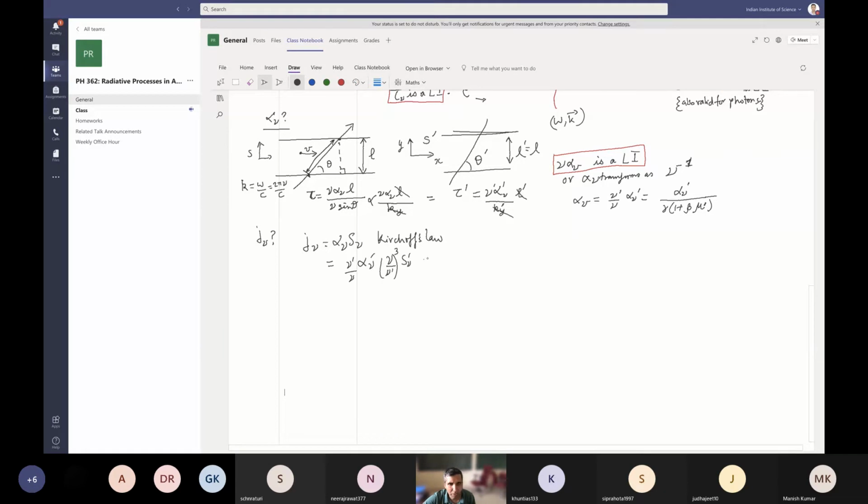So J nu equals nu by nu prime squared times J nu prime. Or J nu by nu squared is Lorentz invariant.